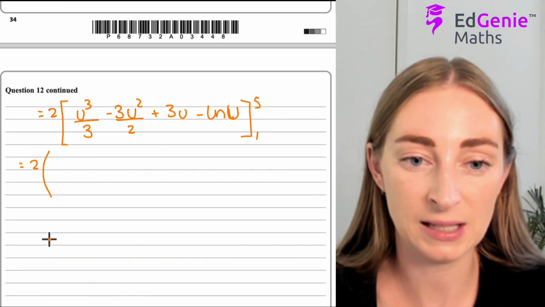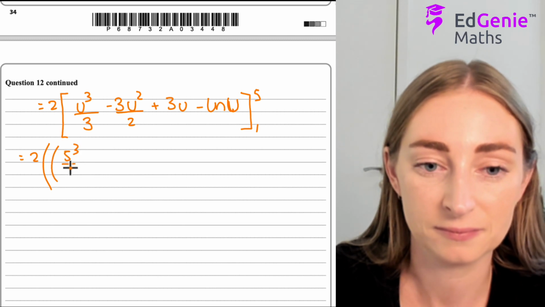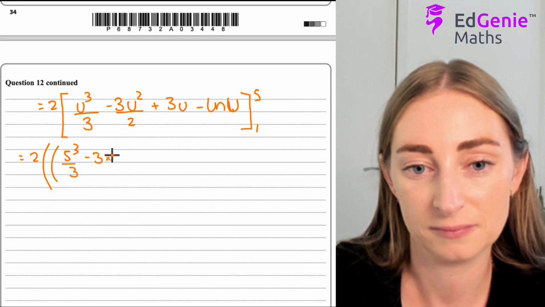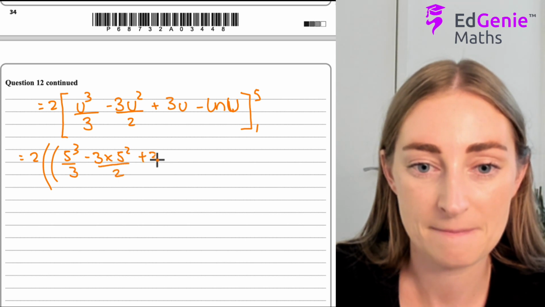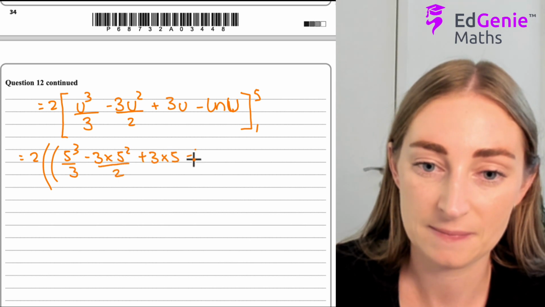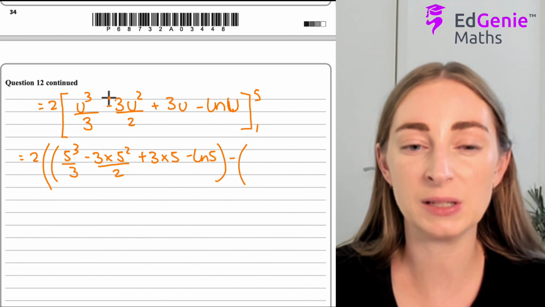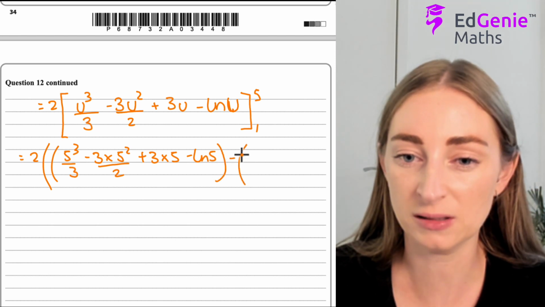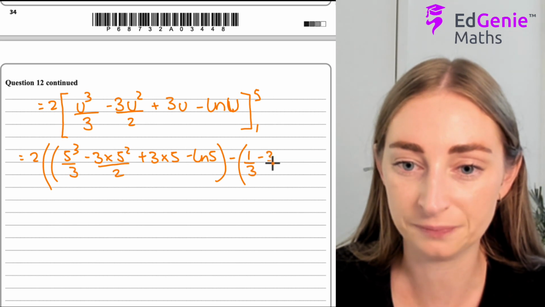Substitute 5 into here. Now substitute 1 in. But when I'm substituting 1 in, I know this is going to be a third, so I'm just going to put a third. And this will be negative 3 over 2.